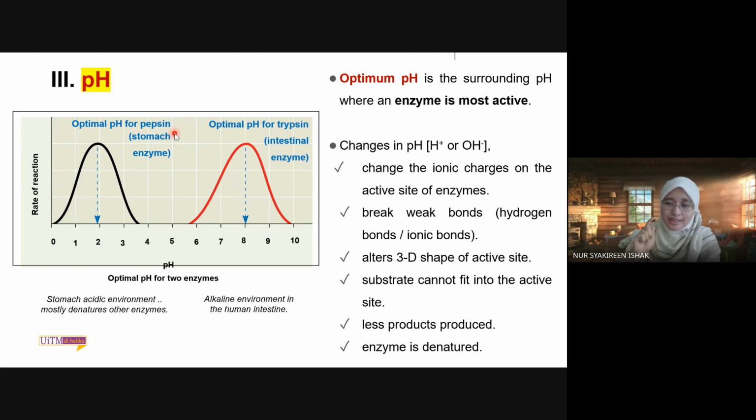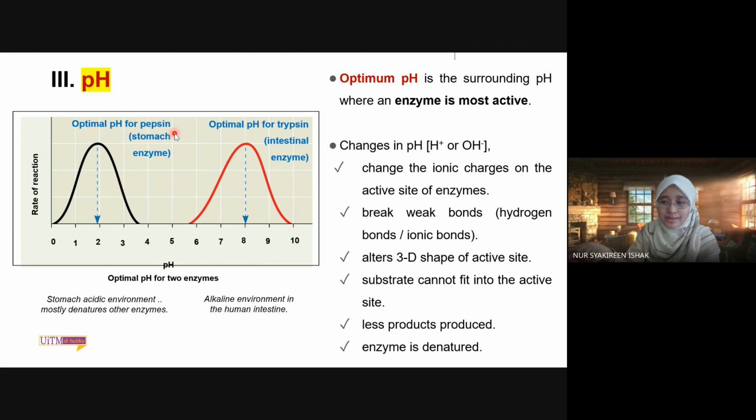But when pepsin is initially secreted by the lining of the stomach, it is secreted in an inactive form. We call that pepsinogen. Initially, the wall of the stomach secretes pepsinogen, which is an inactive enzyme. So in order to activate pepsinogen, it has to have acidic conditions.